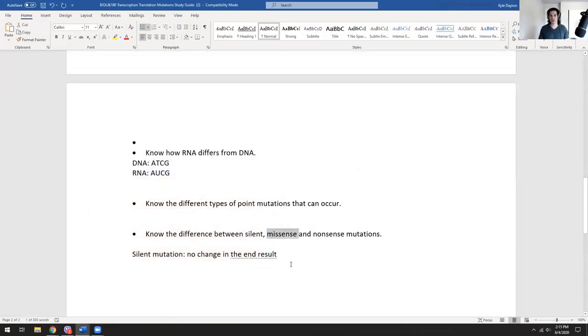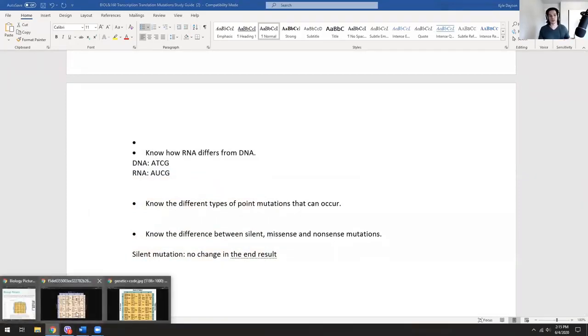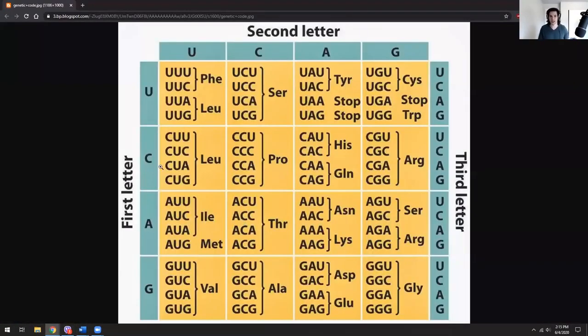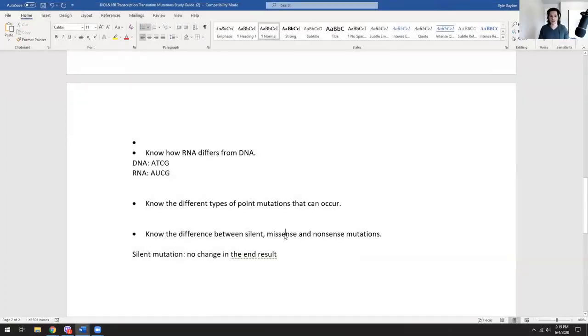A missense mutation would be if we actually got a change. So let's say it was CCA originally, and we changed that second nucleotide to an A to make it CAA. You change it from a proline to a glycine. That would be a missense mutation.